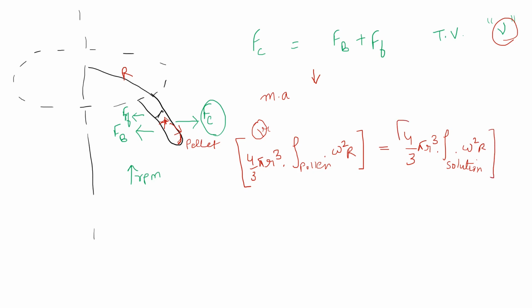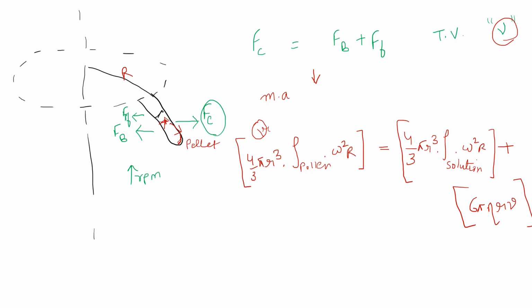This expression comes from Archimedes' principle, and then you add this to the expression for the frictional force, which is 6 pi eta rv. Now eta is the frictional coefficient, small r is the radius of your pollen, and v is the terminal velocity which we want to calculate.